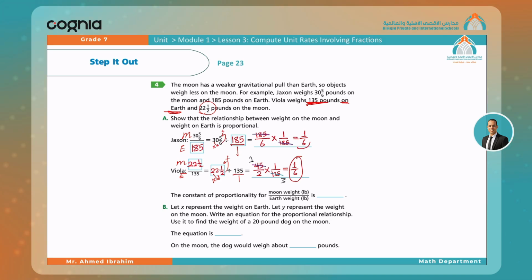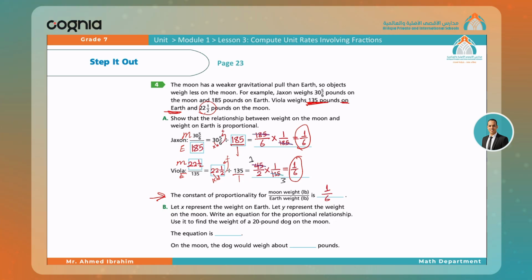You see here that the two ratios are the same. So we can say the relationship is proportional. And by the way, the 1/6, we call it the constant of proportionality. Here it says the constant of proportionality for moon weight in pounds to Earth weight in pounds. We can see it's a clear 1/6.